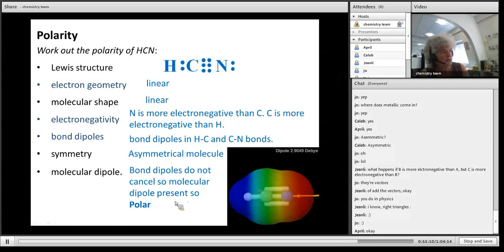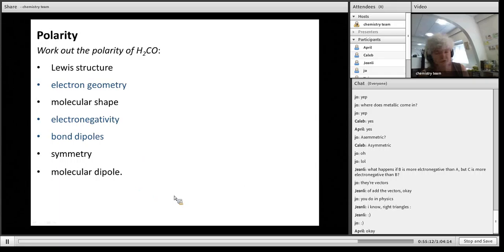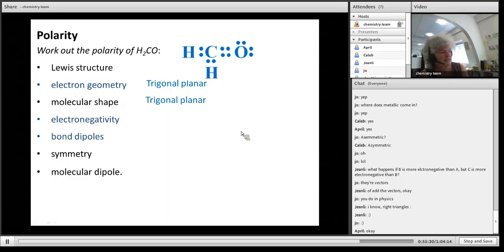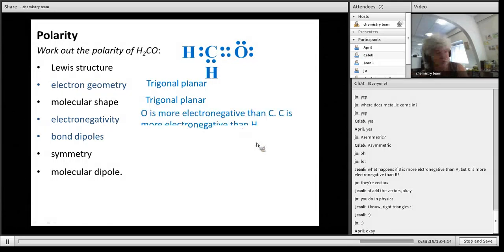Here's one with formaldehyde, or methanol. So that's the Lewis structure, and 3 areas of negative charge around the central atom, 1, 2, 3. So the electron geometry is trigonal planar and the molecular shape is trigonal planar. There's a difference in electronegativity. Thinking of your periodic table, oxygen is to the right of carbon, so it's more electronegative, which is more electronegative than hydrogen.